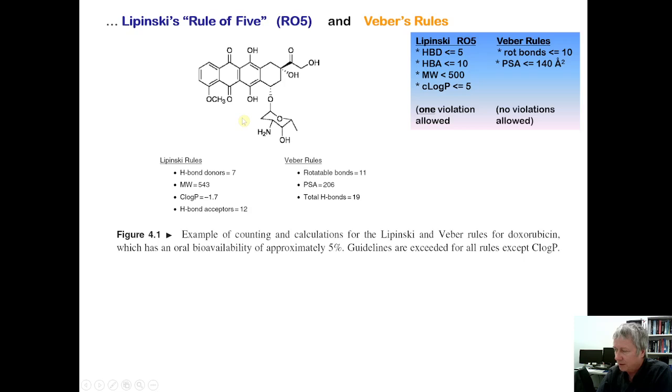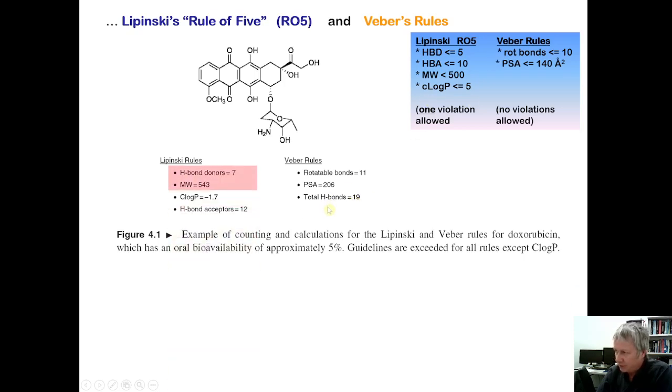Yeah, okay. For the Weber rules, rotatable bonds is 11. That's sometimes a little hard to see, and I think the tools give you that number also. PSA is a little bit on the high end, and total H bonds is not something I think is part of the rules. I don't remember seeing that.